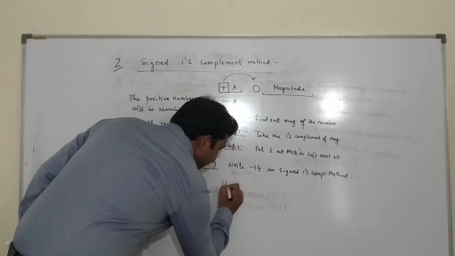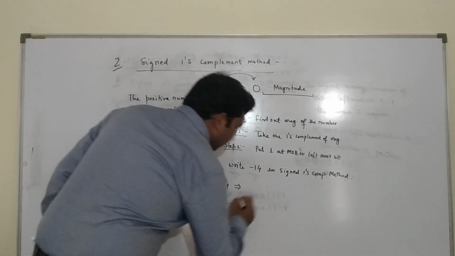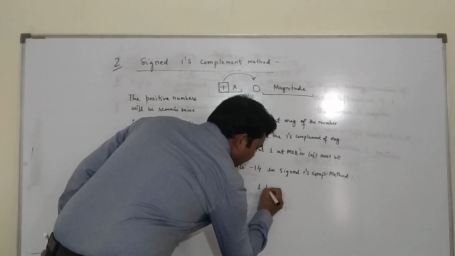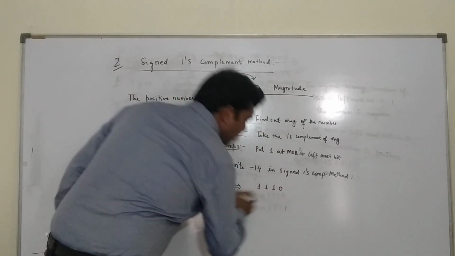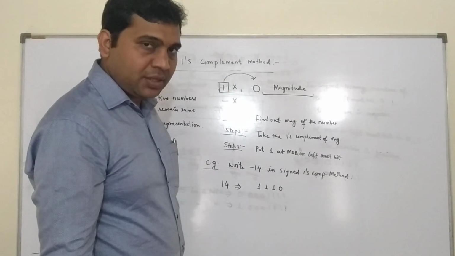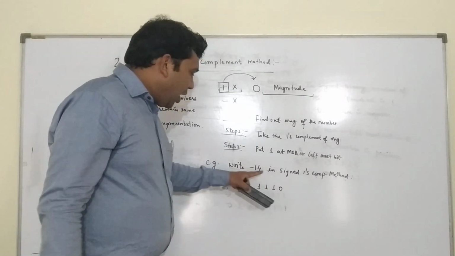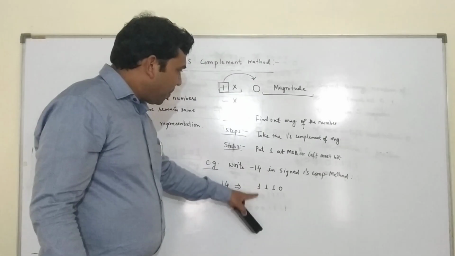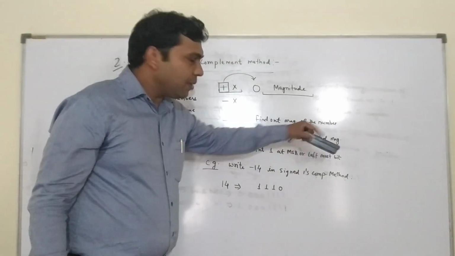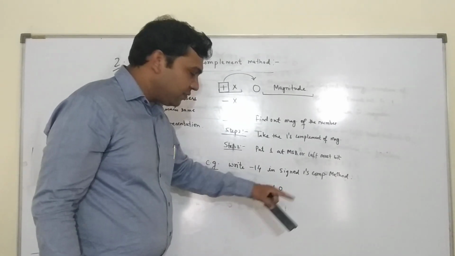So 14 can be written like this: 1, 1, 1, 0. This is 14. Now I wanted to write -14. So step number 1 is completed. Find out the magnitude of the number, that is 1, 1, 1, 0.